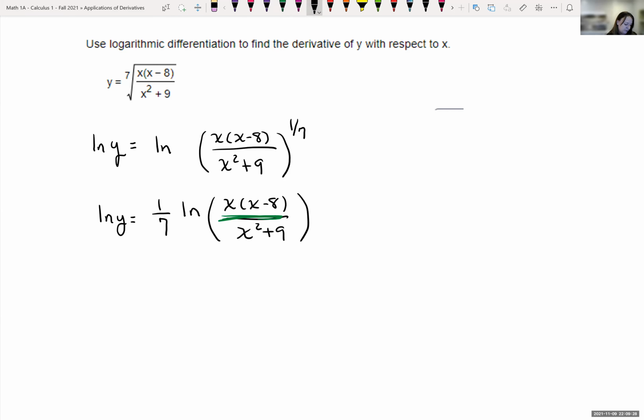And so doing that, we would have natural log of y equals 1/7 natural log of my numerator, x times x minus 8, minus the natural log of my denominator. And the natural log of my denominator is this x squared plus 9. I need brackets around this whole thing because of that 1/7 power.